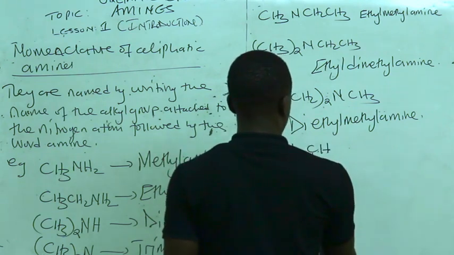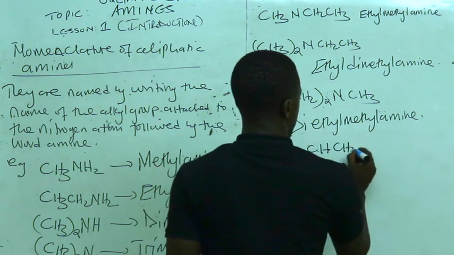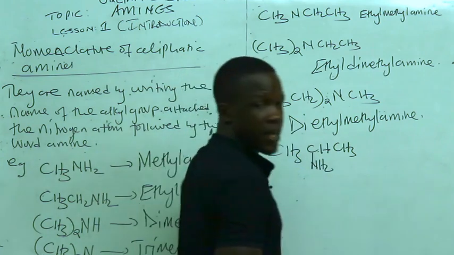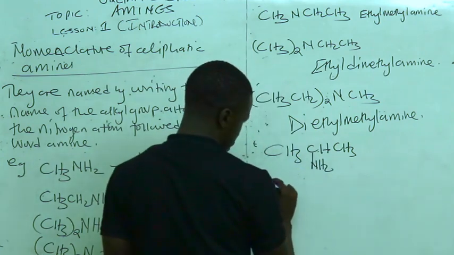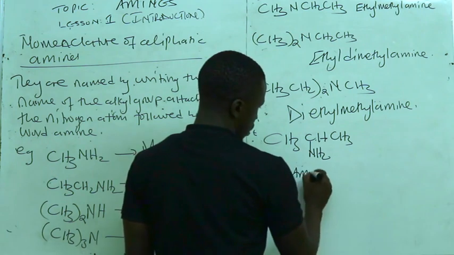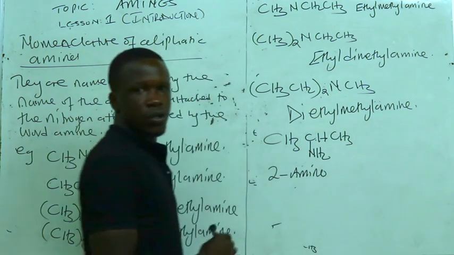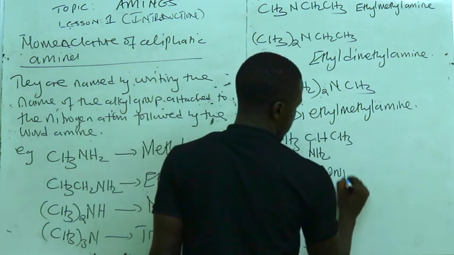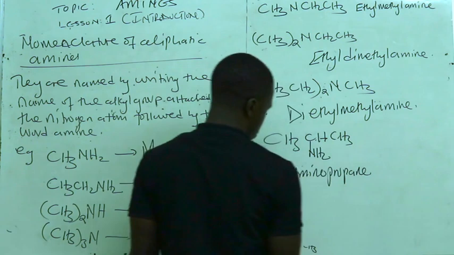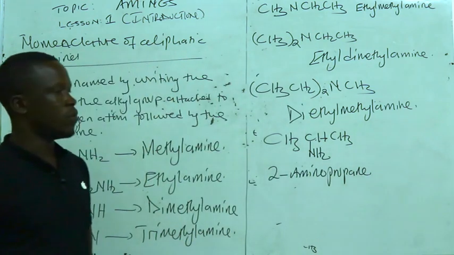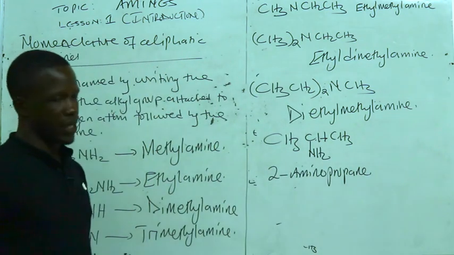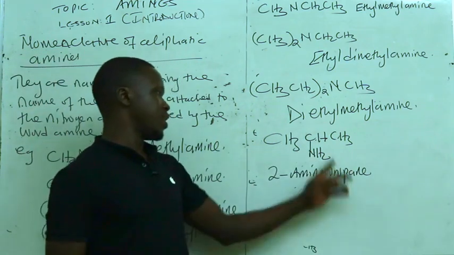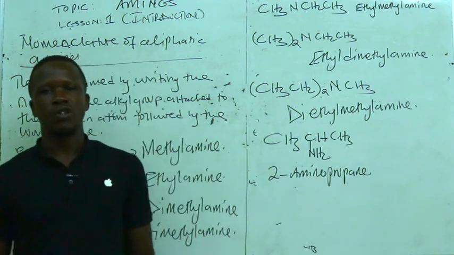For example, in this case, we shall consider it as a branch and say it is on the second carbon atom and it's amino. 2-amino, 1, 2, 3, propane. 2-amino propane. It is possible to also name them like that. In that situation, we cannot create an alkyl group, but instead this appears to be a branch.